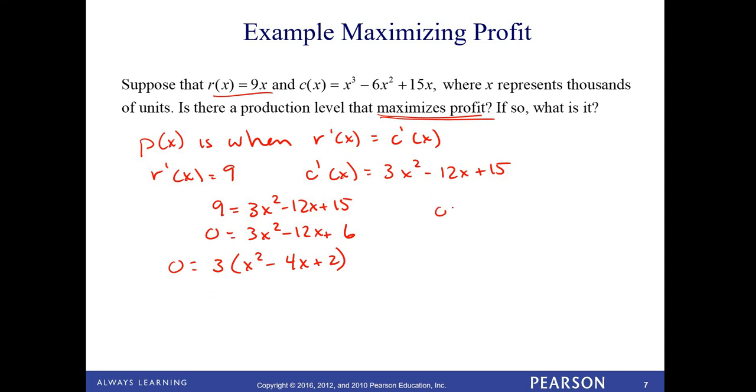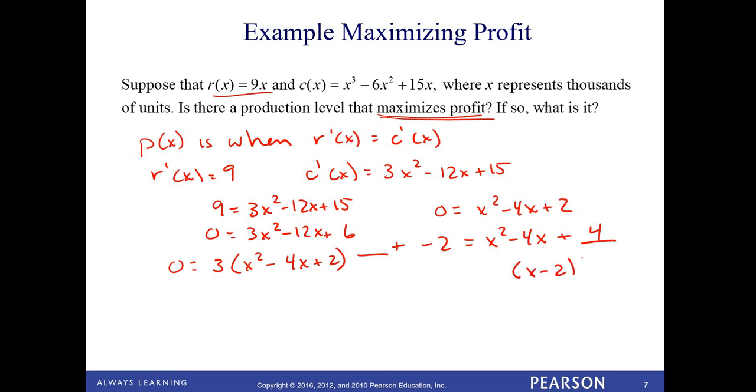So I'm going to say 0 equals x squared minus 4x plus 2. I'm going to subtract the 2 so that I can complete my square by adding something to both sides. Half of the middle squared is 4.